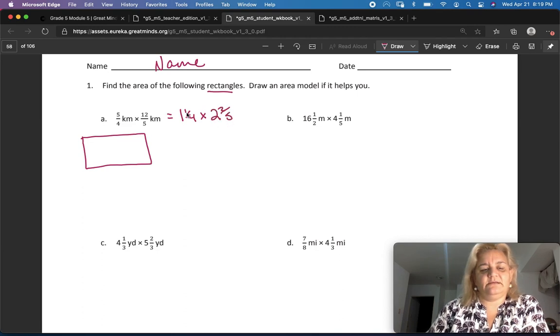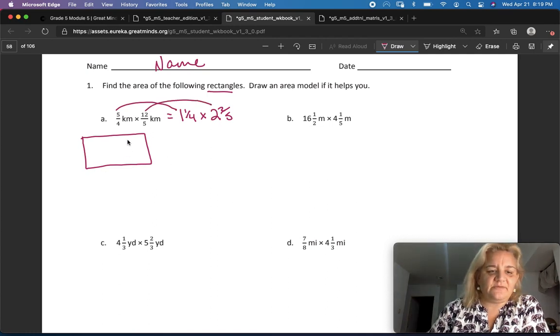So I turned this into 1 1/4, and I turned 12 fifths into 2 2/5, so that I can call that 2, and this 2 fifths, and then this way can be 1 and 1/4.